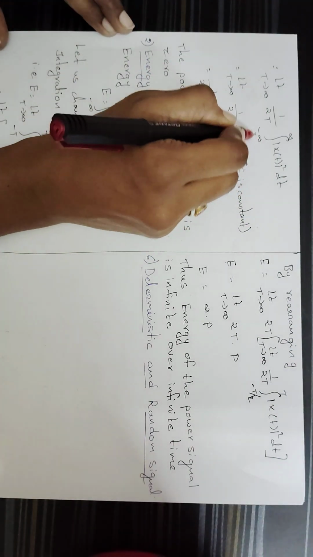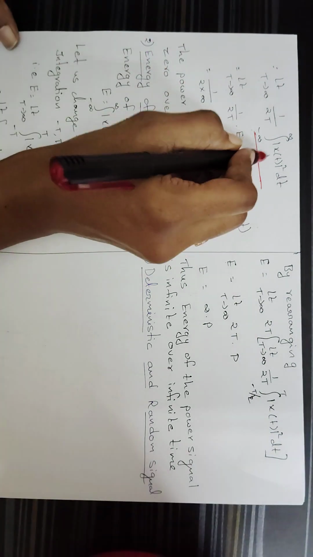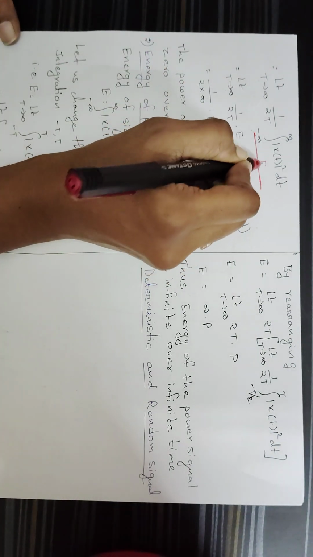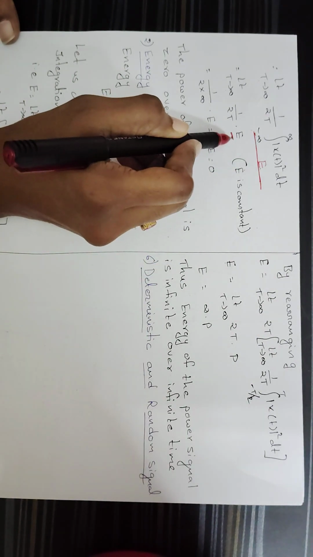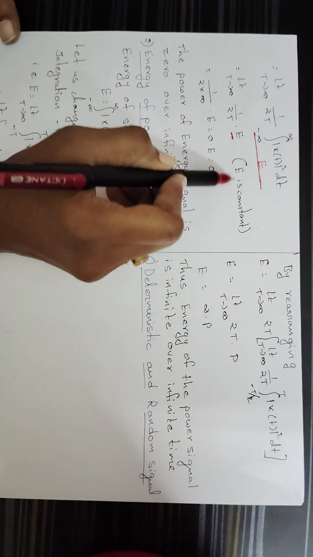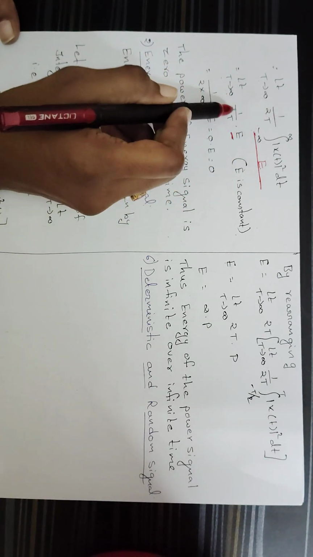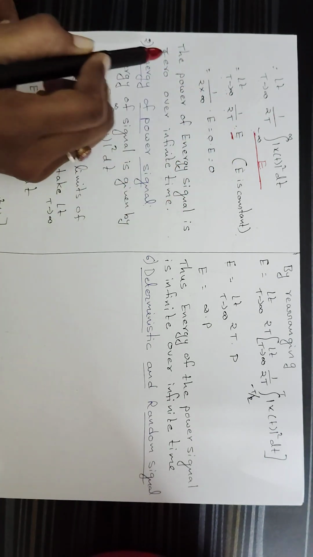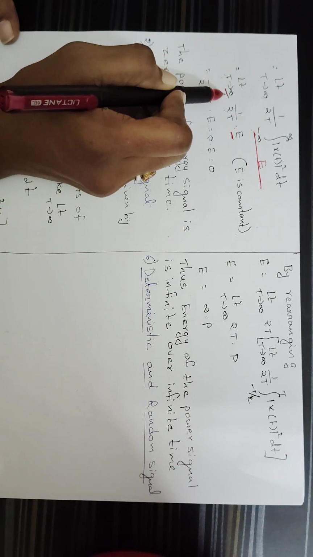Now what is this equation? We already know this is an energy signal E, right? So we are taking it as energy signal E. So here E is constant. Now limit t tends to infinity 1 by 2t into E. Now what is the limit t value? Infinity.